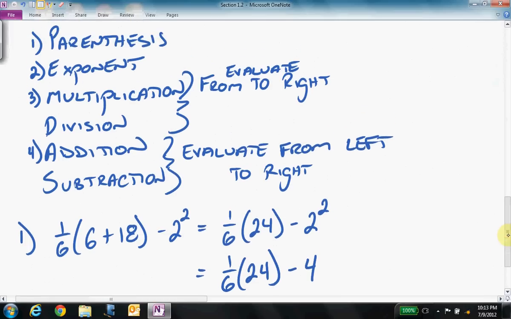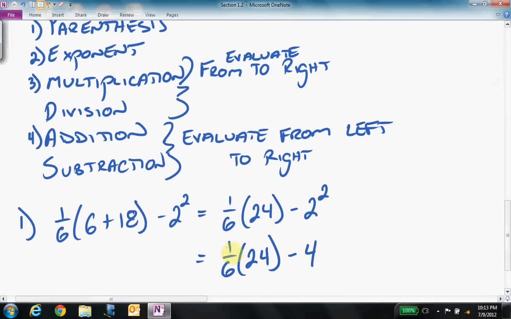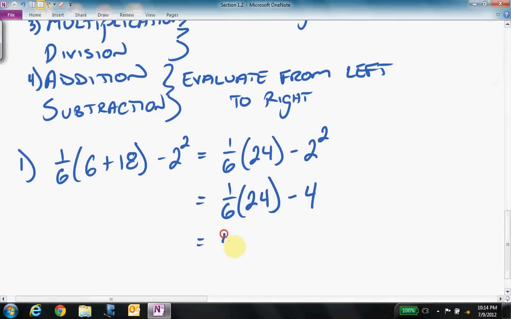So now that we finished with the exponents, we're going to go on to multiplication and division. Well, I see a division problem with the fraction, but we're just going to multiply the fraction by 24. So 1/6 of 24, or basically you can think 24 divided by 6. Well, that's going to give you the answer of 4. And I'm going to drop down my minus 4 here.